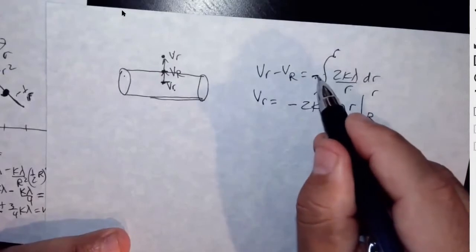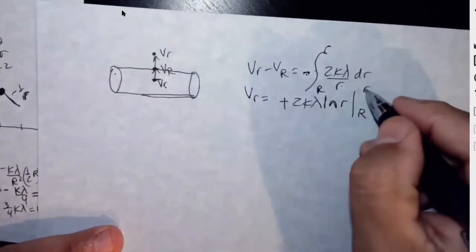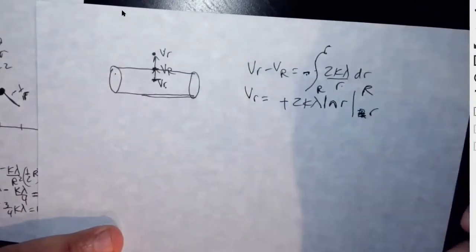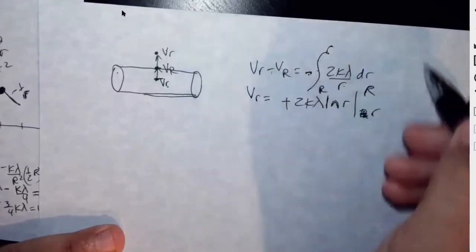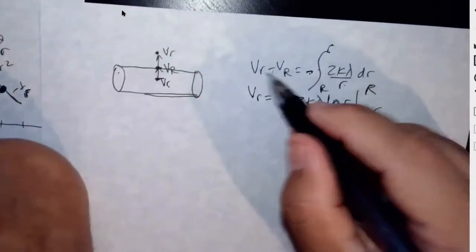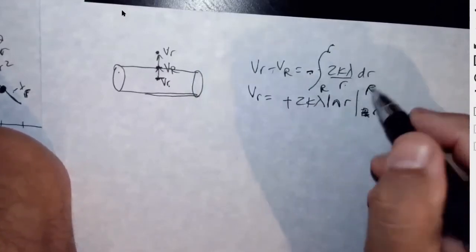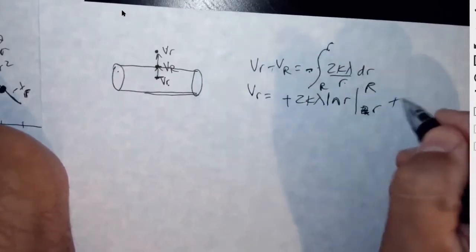Well, I can use the negative to switch the order of the integral limits, r to R, right? And then I'm going to take the V sub R to the other side. V sub r minus V sub R, negative 2k lambda, ln, switch the order. V sub R goes there.